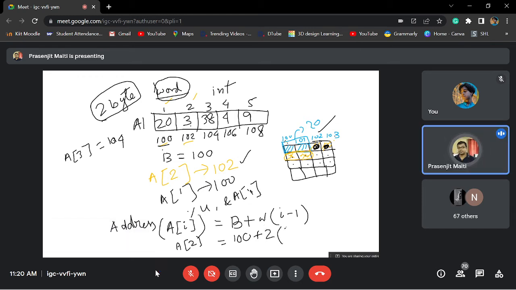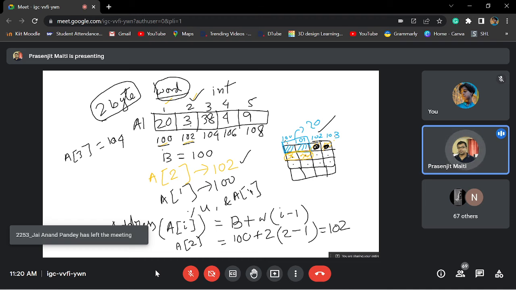I value is 2, minus 1, which is 1. 1 into 2 is 2. Plus 100, 102. You can see the second element address is 102.